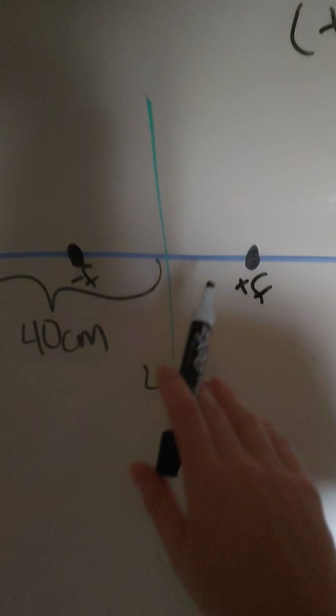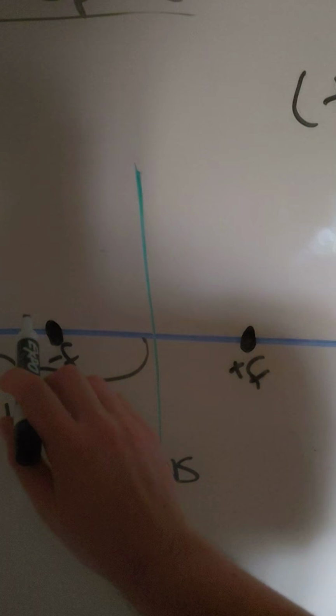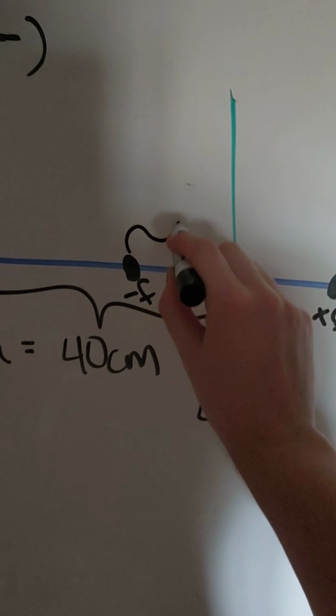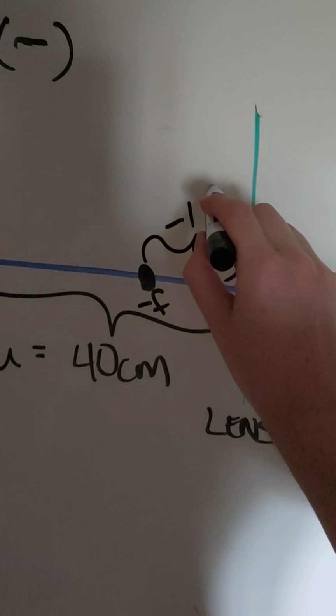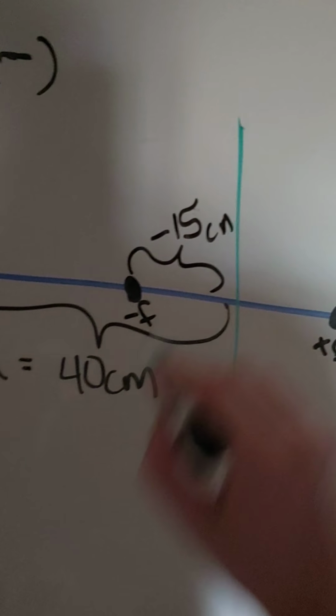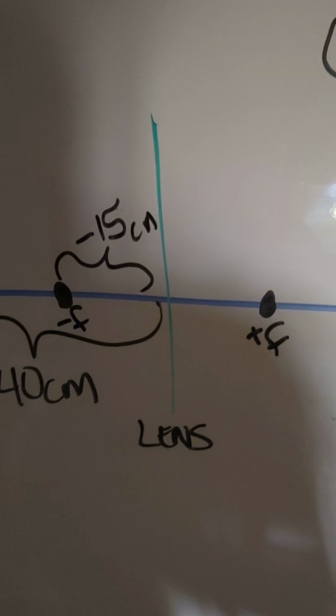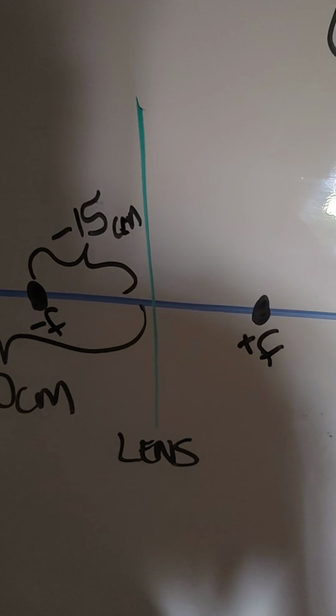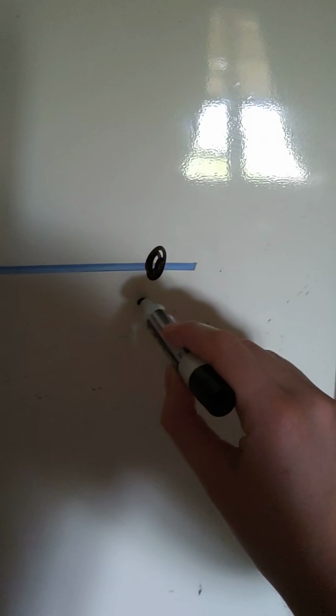So focal length, minus 15. So focal length is going to be on the left side of the lens. Minus 15 centimeters. That's supposed to be an M. The worst at writing M's. And then, of course, we have 2F.